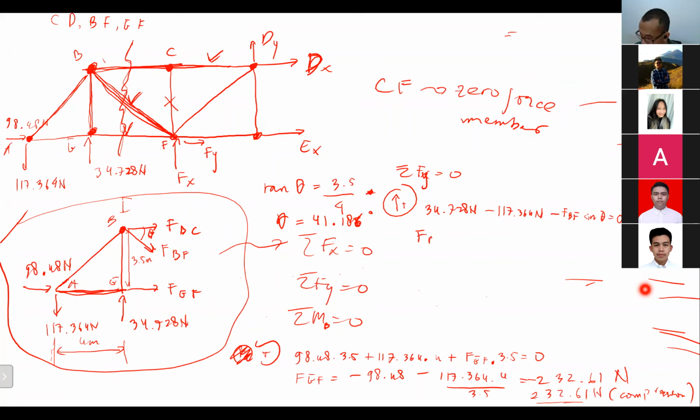Then our FPF will be 34.728 minus 117.364 divided by sin theta. So FPF will be compression as well.